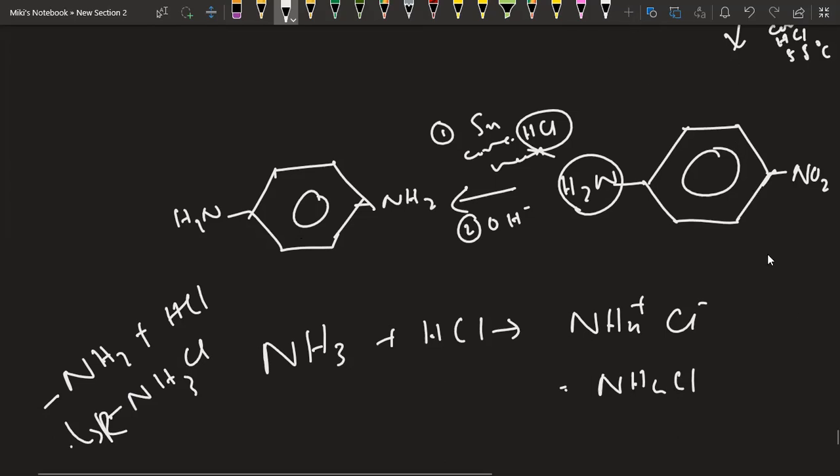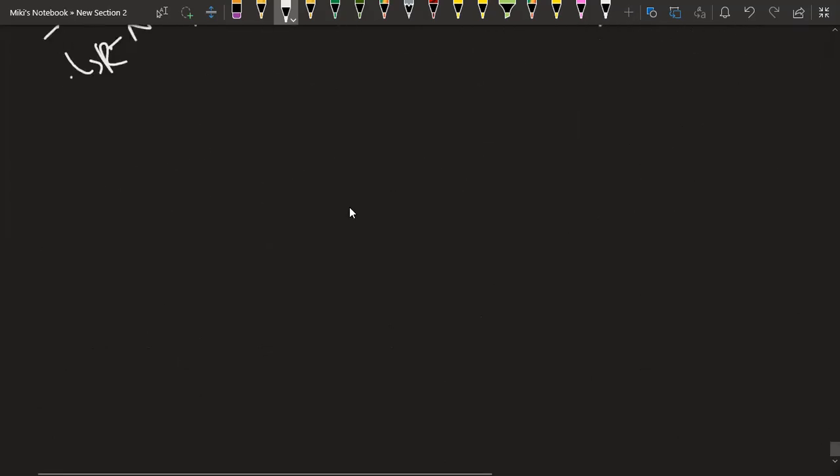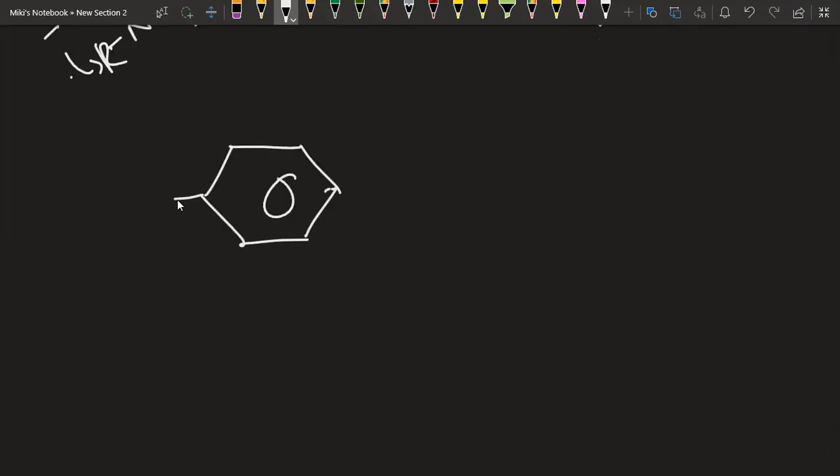Now moving on to the next part, how does this condensation polymerization reaction happen? Let's see. So the monomers are there, and we have our so-called phenylamine.